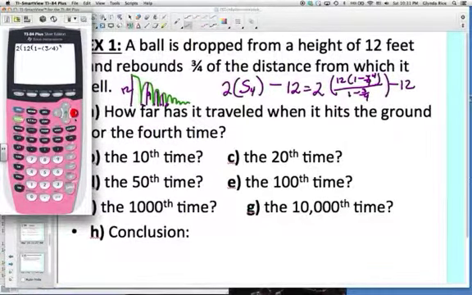Now go past this, close this parenthesis. Now I need to close the numerator parenthesis, and then divide by and start a parenthesis on the bottom, and that's 1 minus 3 divided by 4, close parenthesis, then subtract 12.